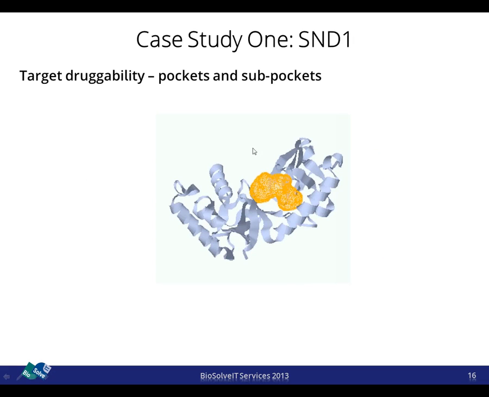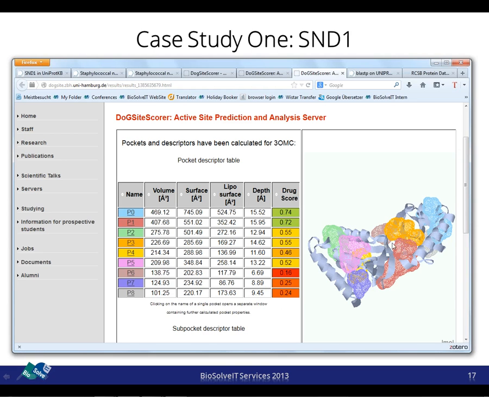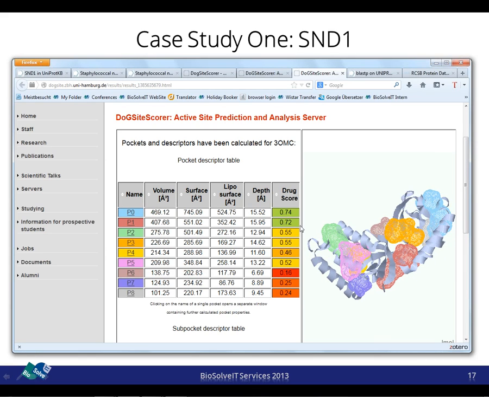When I look at that, what I see is that this is our tutor domain pocket. We also have an adjacent sub-pocket from what the software has identified as pocket 1 rather than pocket 3. So that's this red blob here, which you can see is directly adjacent.